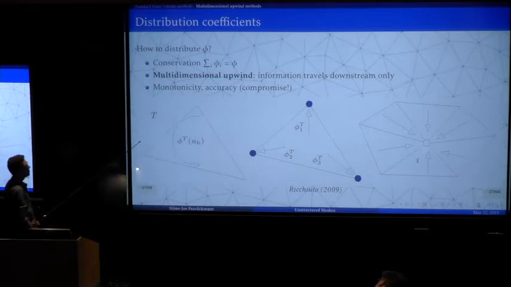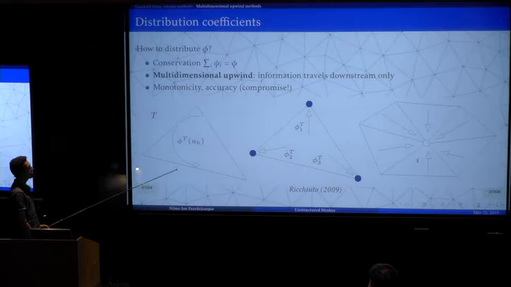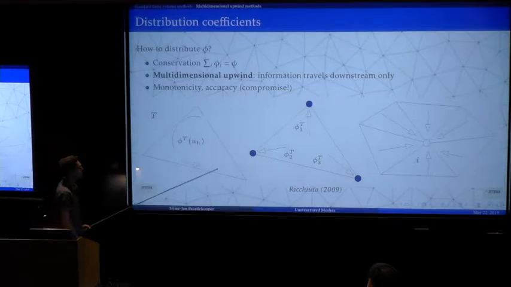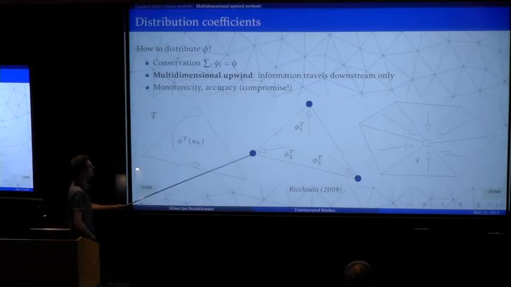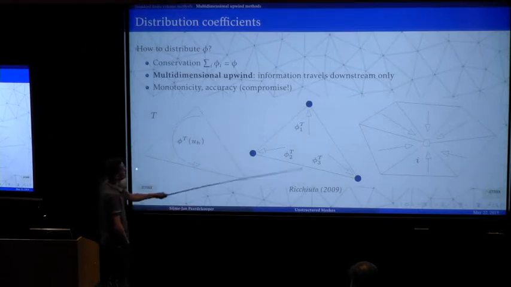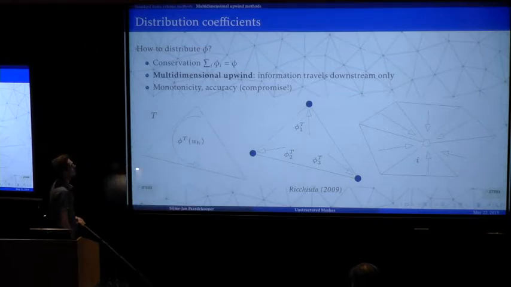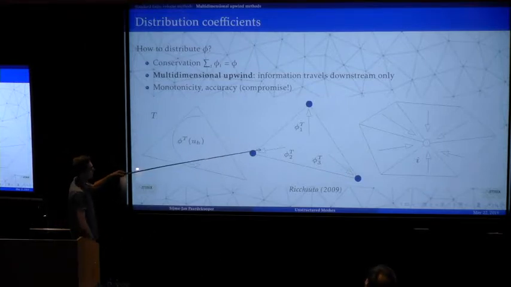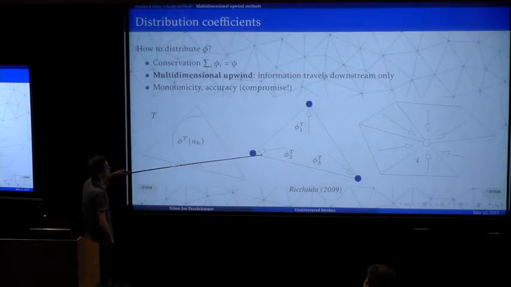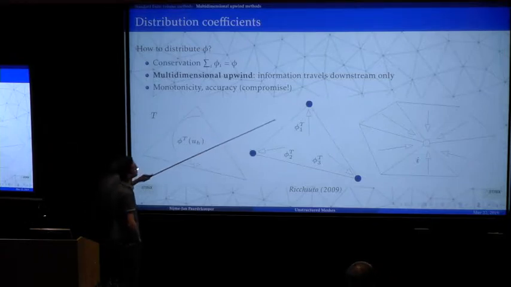But a very important design criteria is that we can take into account the multidimensional nature of the flow, because we have this, in this case, two-dimensional control volume. We can make sure, for example, that information in a hyperbolic problem only travels downstream.